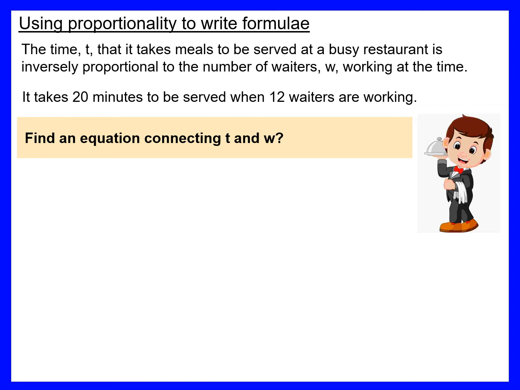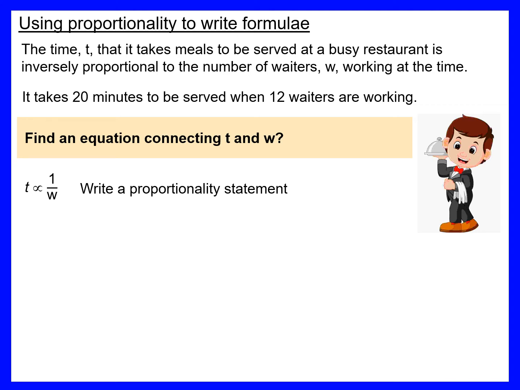So now we're going to write again our statement of proportionality. Our statement this time says that T is proportional to 1 over W. Before, we multiplied by a value and this time we're dividing.